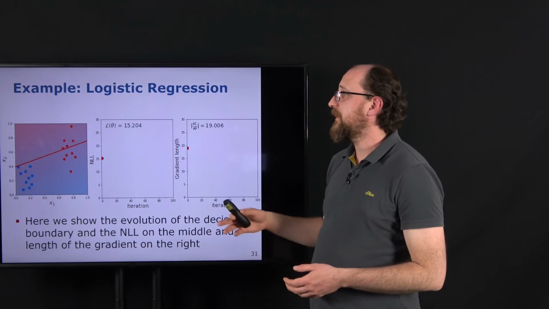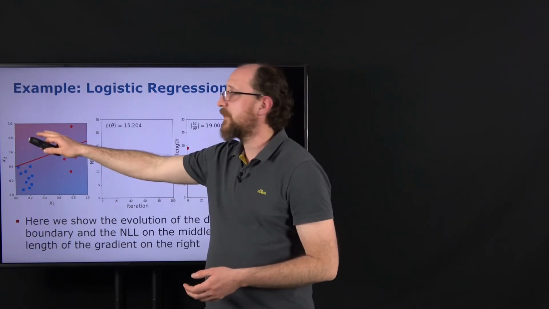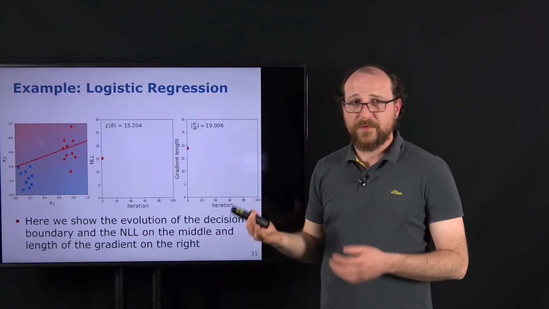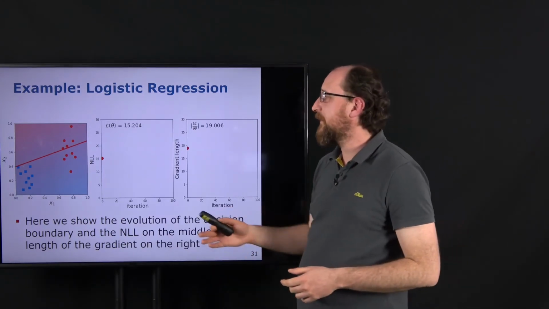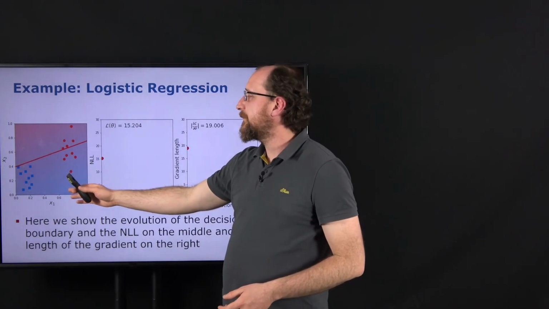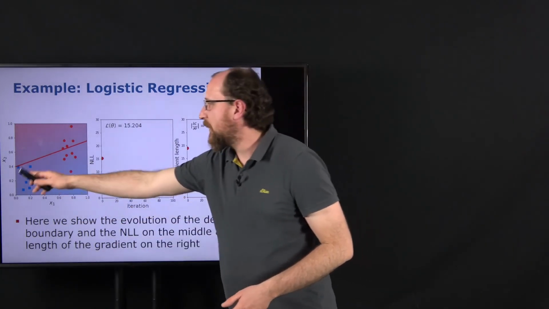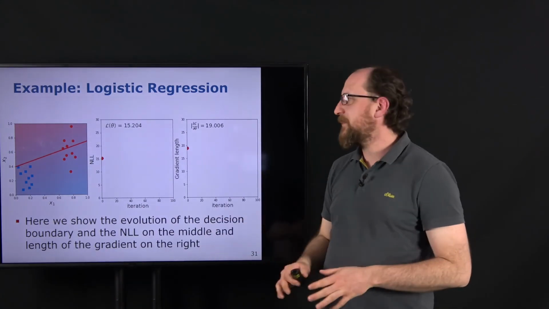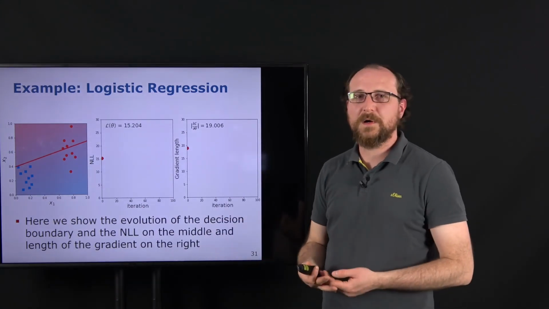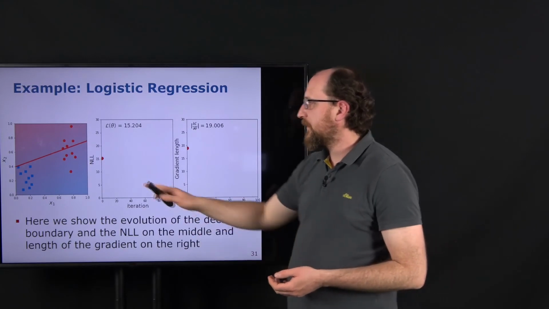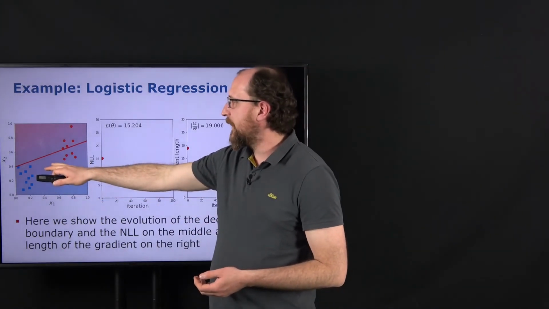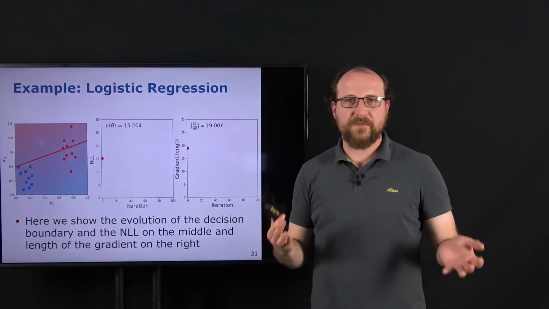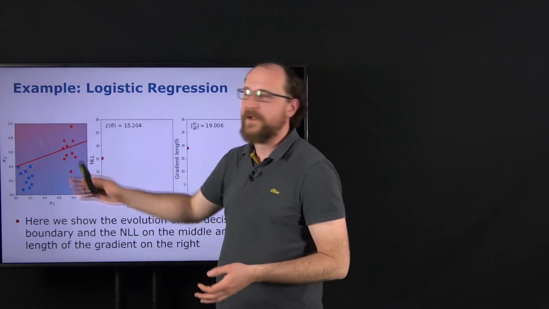You will see reddish colors when P of y equals 1 is large, so for the red class, and blue colors when the probability for the blue class is large. In between, you see the gradient between these two classes, where the distribution changes, a mixture of blue and red.